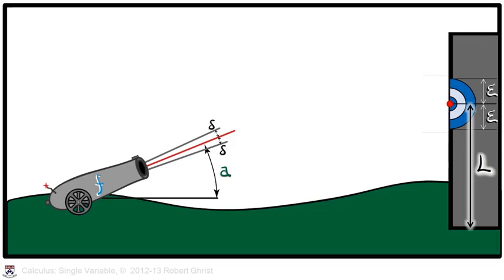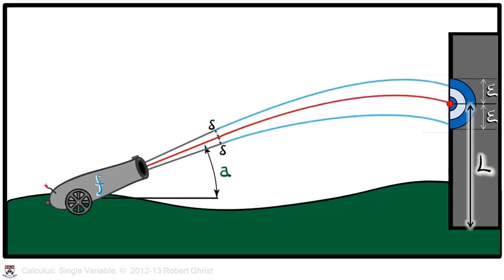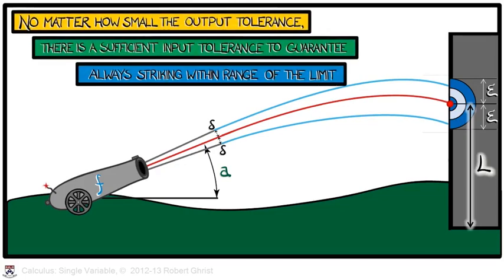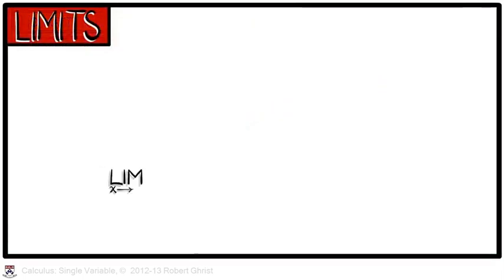In order to have the limit of f of x as x approaches a equals L, then anything within the input tolerance has to hit the target within the output tolerance. This must be true no matter how small the output tolerance epsilon is. You can find some sufficiently small input tolerance to guarantee always striking within range of the limit.